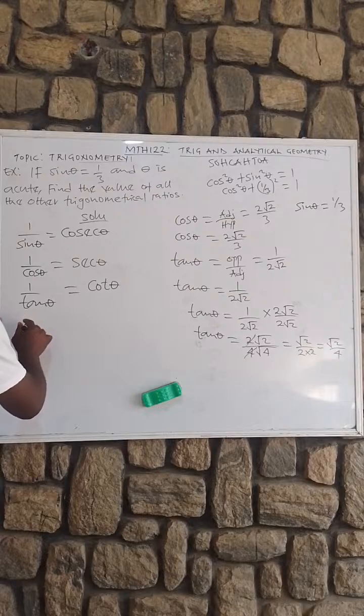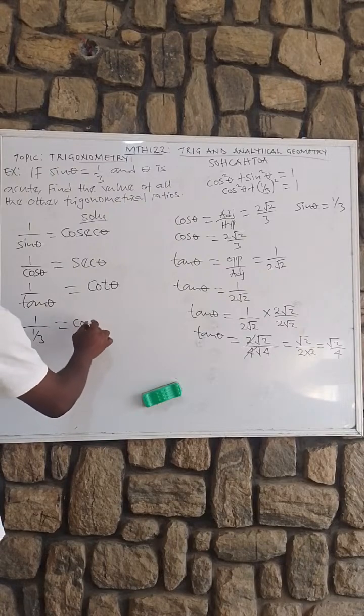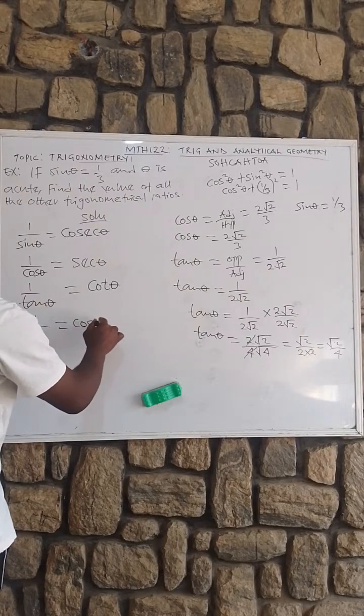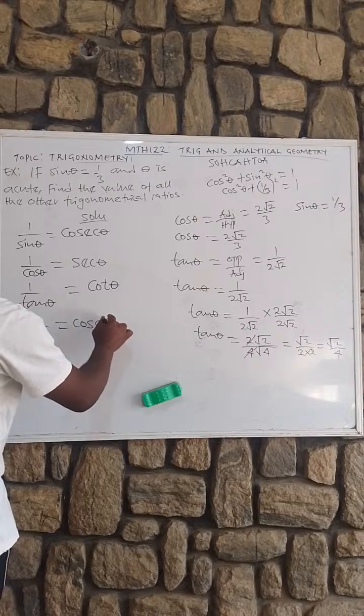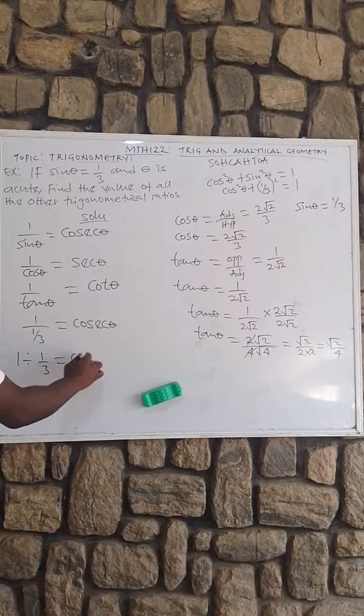Here will now be 1 all over 3 equals cosec theta. Then, if you can see what I am saying, this is 1 divided by 3. 1 all over 3 equals cosec theta.